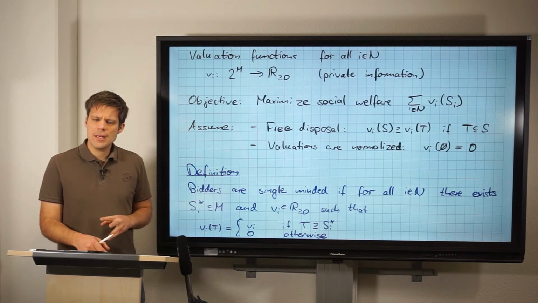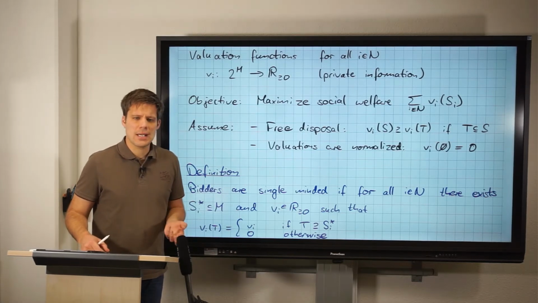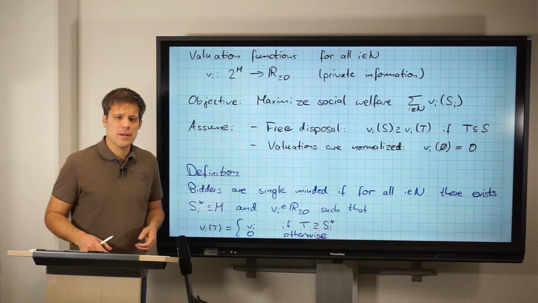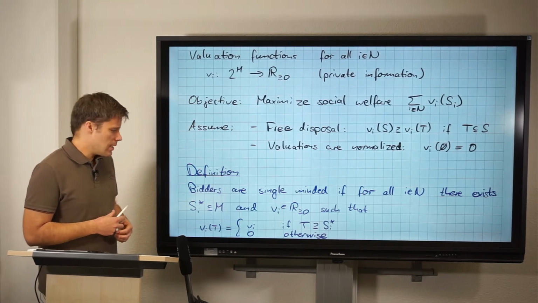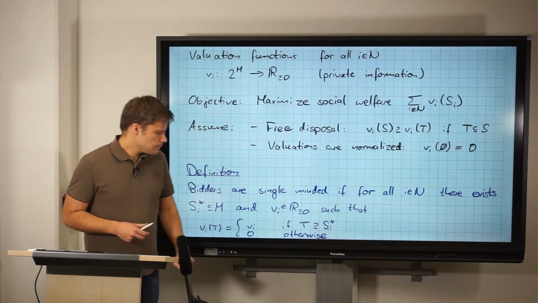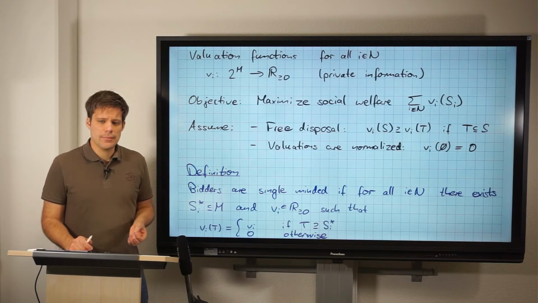And this, I think, should be very familiar by now, because in the case of, for example, a single item auction, we did exactly the same. Or also in the case of the single parameter settings. So v_i, that is my value for the set S_i star.